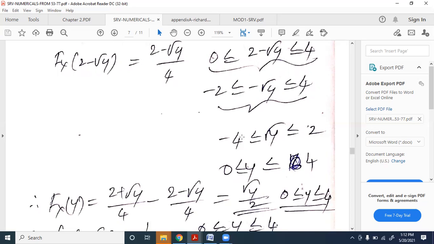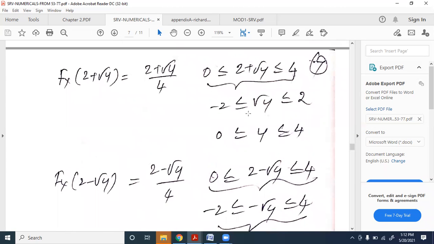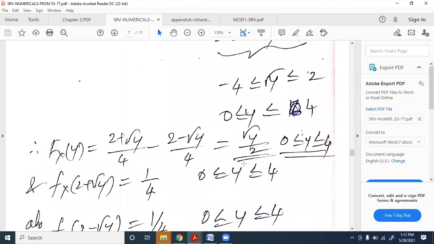So that will give us the value between these two. In the earlier one, we have here 0 to 4.